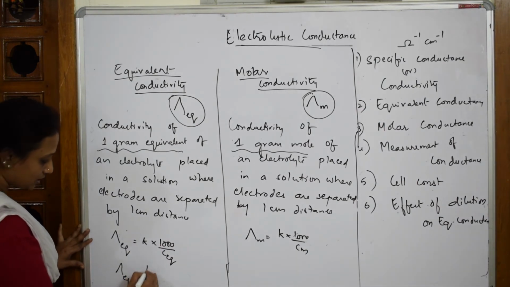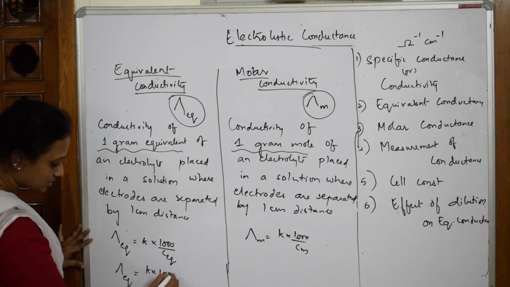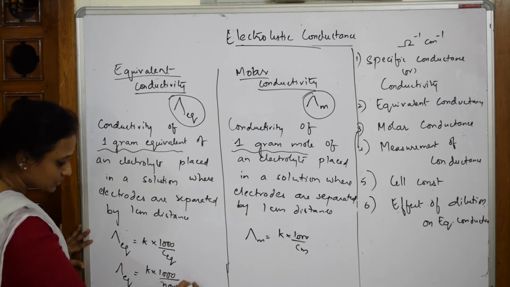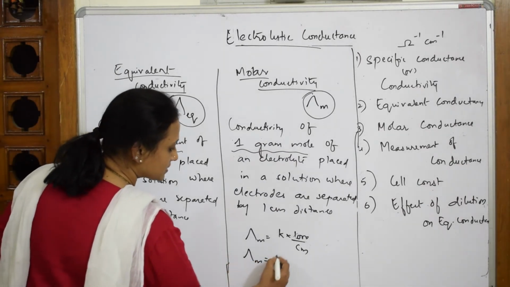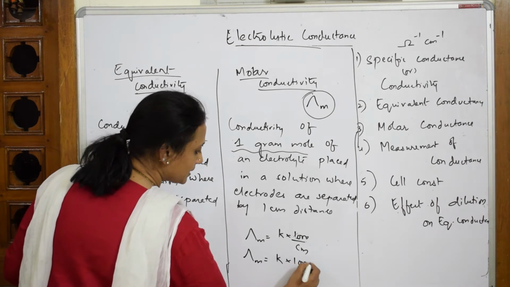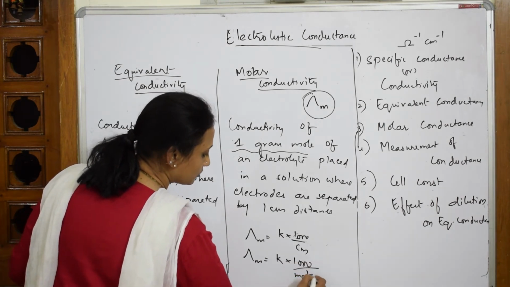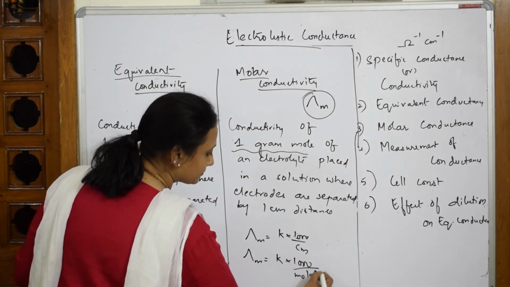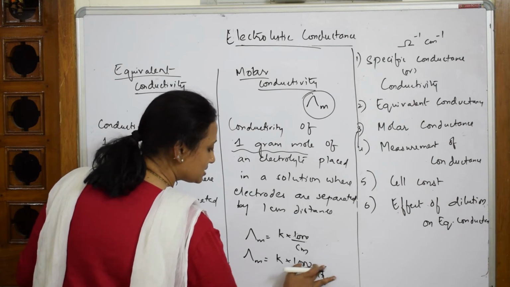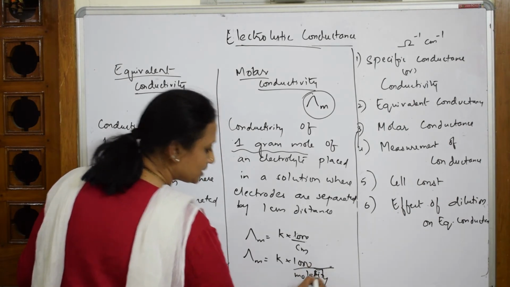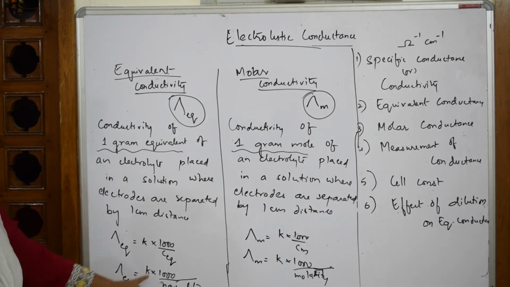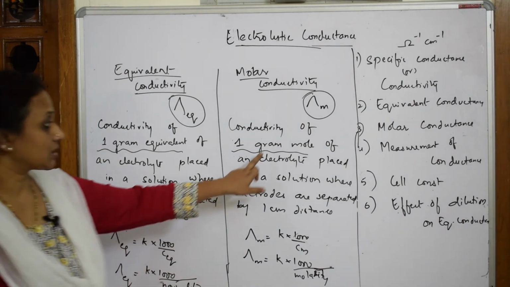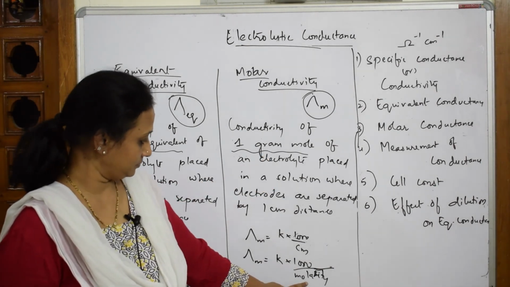Equivalent is equal to kappa into 1000 by normality. I'll be using this in the formula. Here λM is equal to kappa into 1000 by molarity. So when I do the numericals, I'll be using the same. So please remember, here gram equivalent is important, CEQ, and gram mole is important, that is molarity.